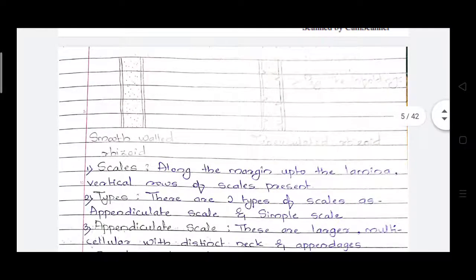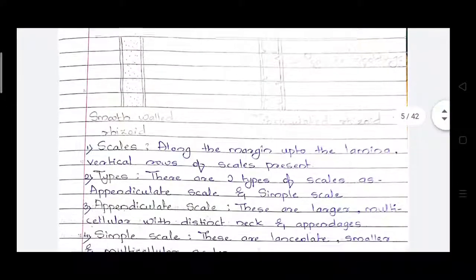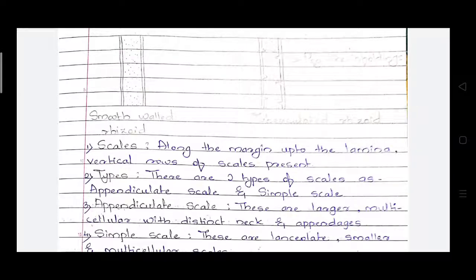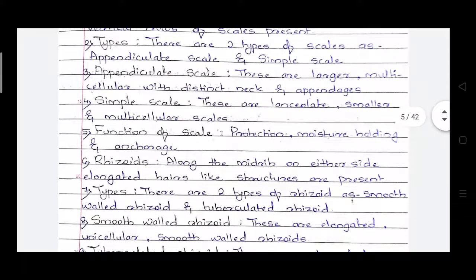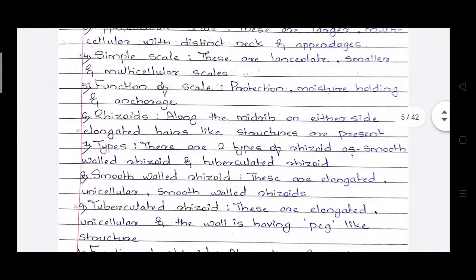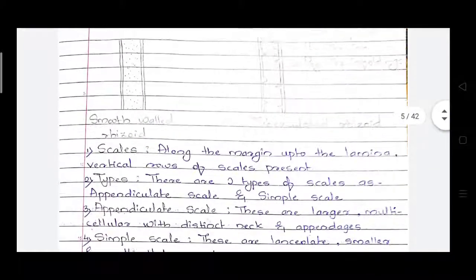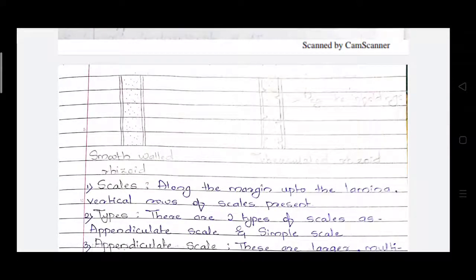Two types of rhizoids are present: smooth-walled rhizoids and tuberculated rhizoids. The tuberculated rhizoids are elongated and unicellular, and the wall has peg-like structures. In the picture you have to see these peg-like infoldings observed in the tuberculated rhizoid.